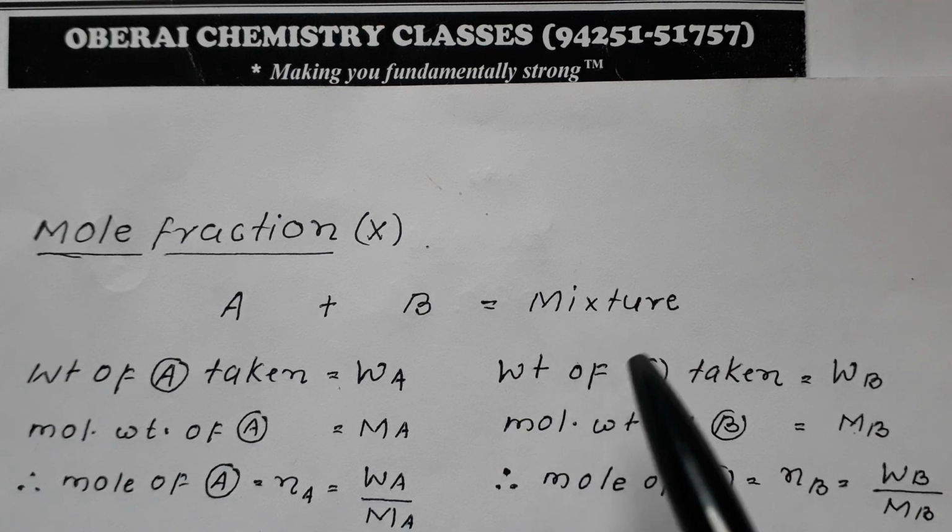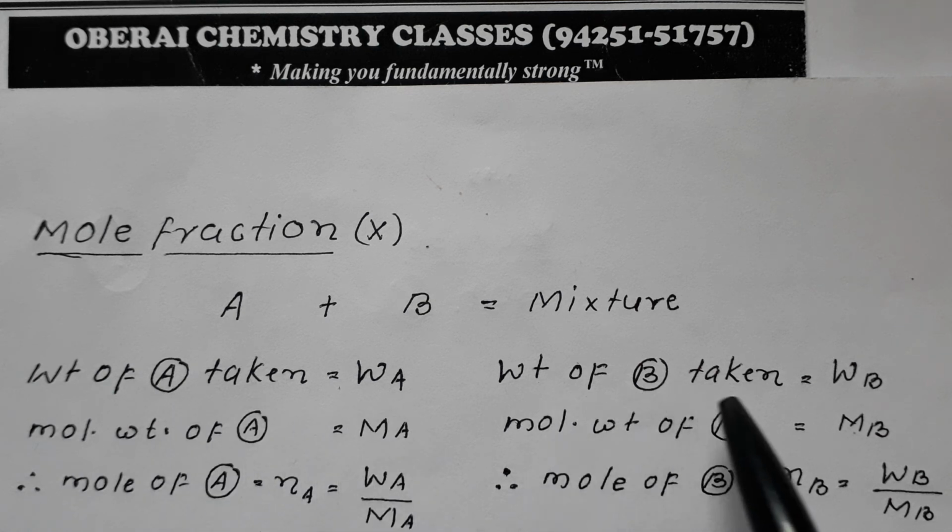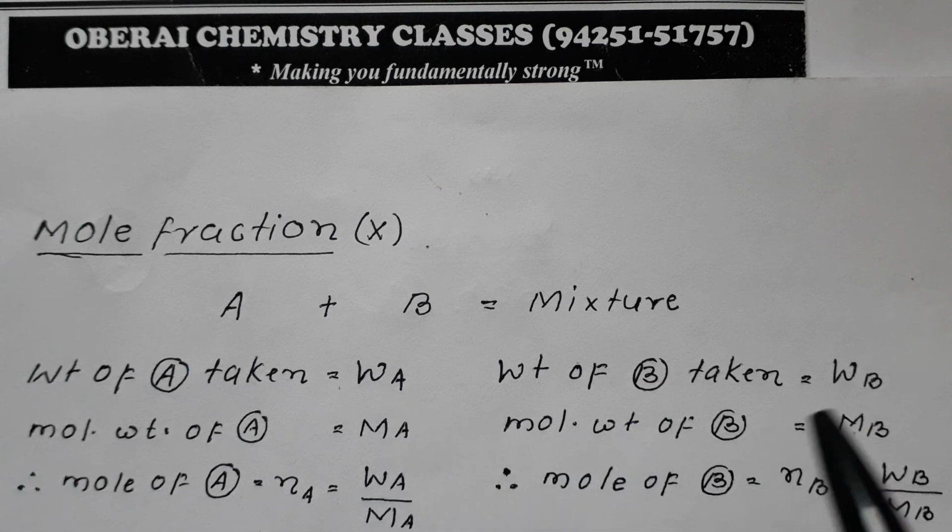In this mixture, the weight of A taken is WA grams, whereas the weight of B taken is WB grams. Suppose the molecular weight of A is Ma, whereas the molecular weight of B is Mb.